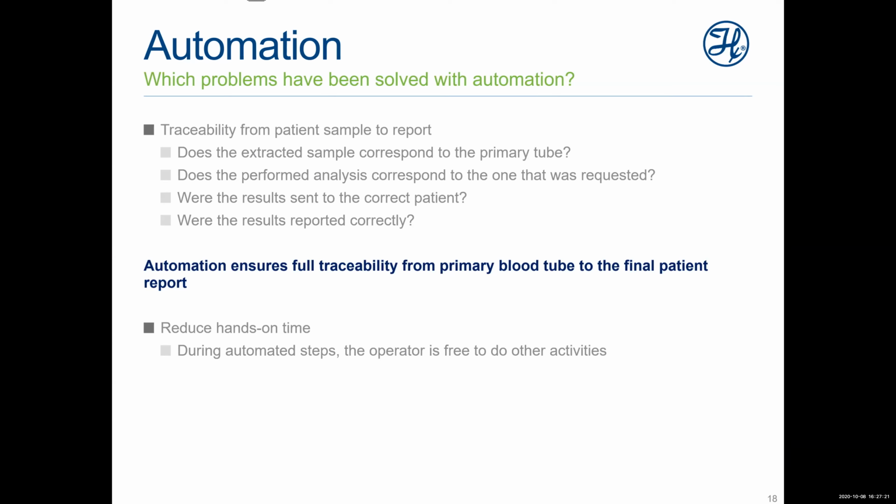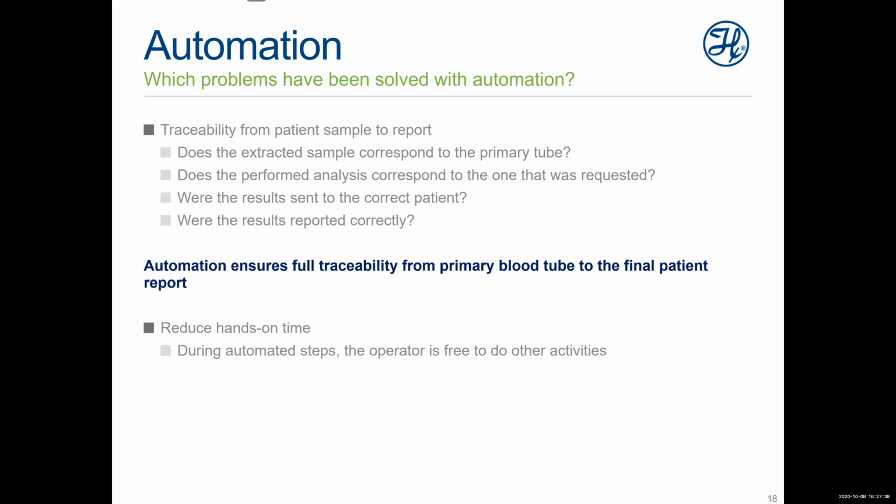And this is the answer to this question. Which problems have been solved with automation? First, mainly the traceability from patient sample to the report. Does the extracted sample correspond to the primary tube?